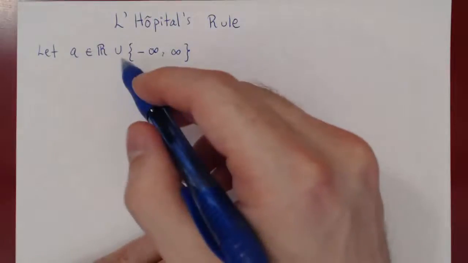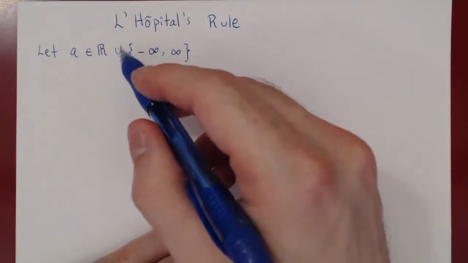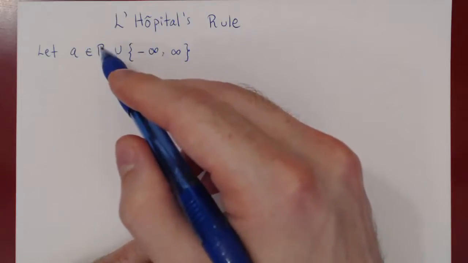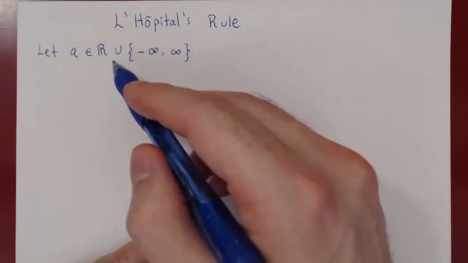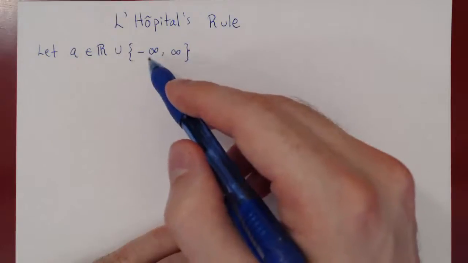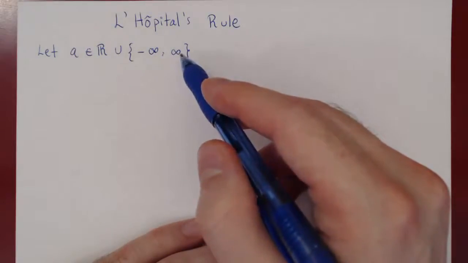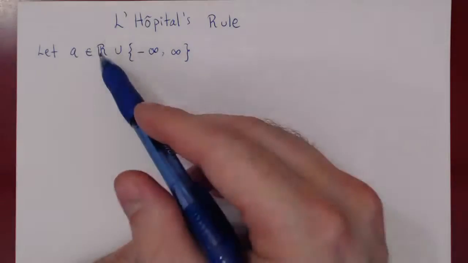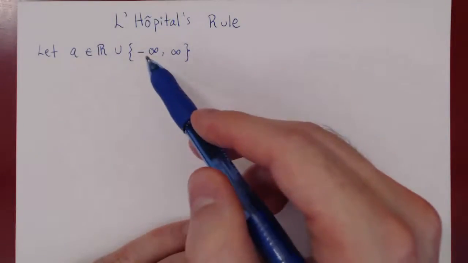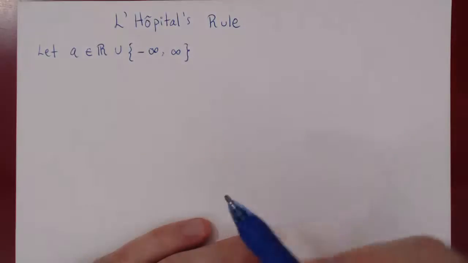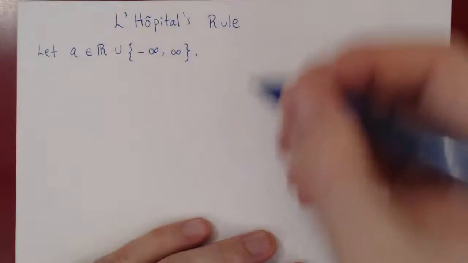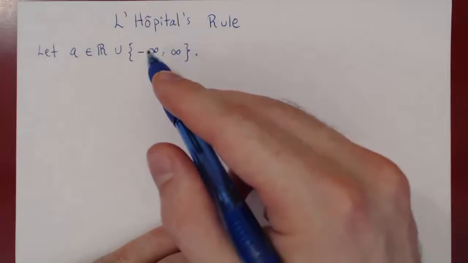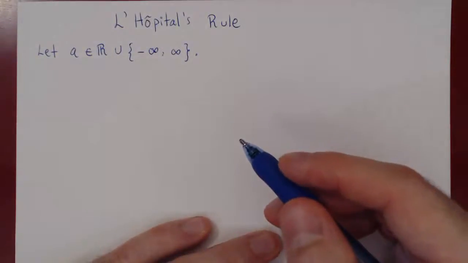The symbol here means union, so or: either a is an element of the real numbers, so a could be a real number, or a could also be negative infinity or positive infinity. In this case, we say a is an extended real number because we add to the real line negative and positive infinity. So this is our choice of a real number, or negative or positive infinity.